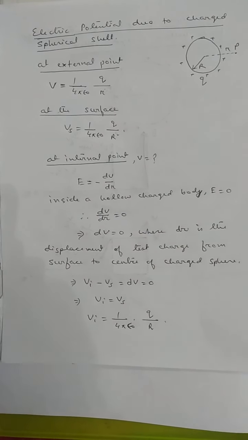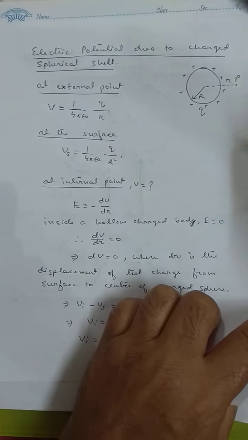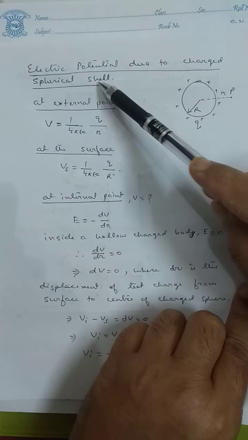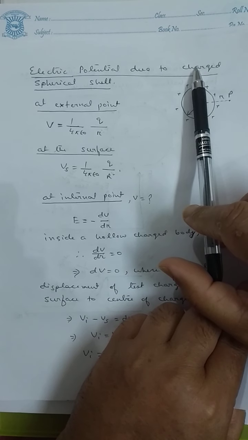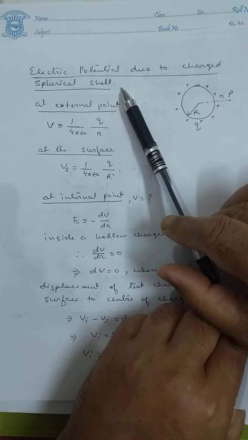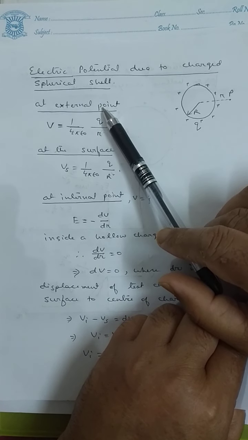Hi student, this is the second class on electrostatic potential, and here we want to find out the electric potential at an external and internal point of a hollow charged spherical body.